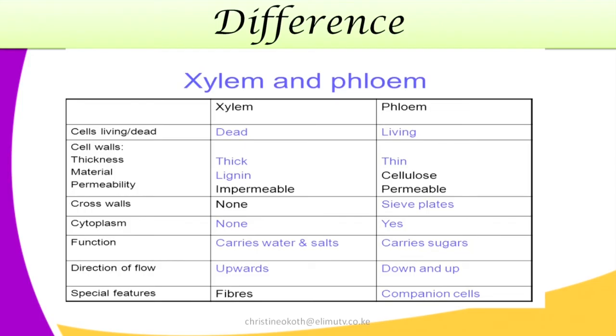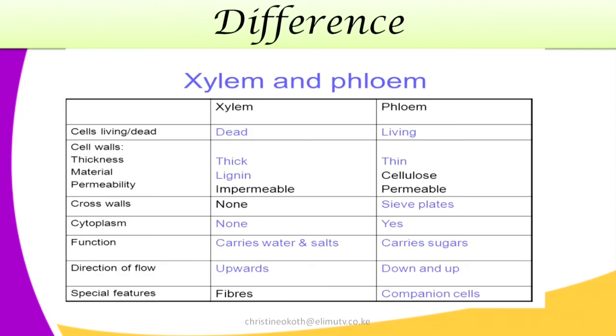So let us look at the general differences between the two vessels. First, in the xylem tissue, the cells are normally dead, while in the phloem tissue, most of them are living cells. Then in terms of the cell wall, in the xylem it is very thick, while in the phloem tissue the cell walls are very thin.